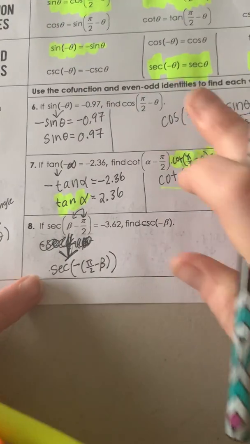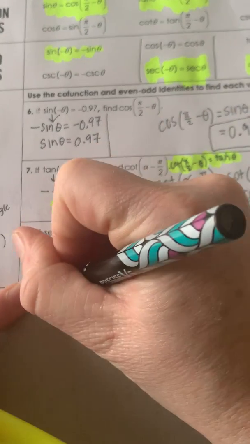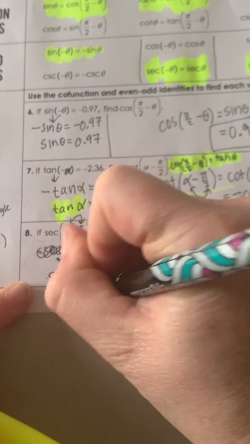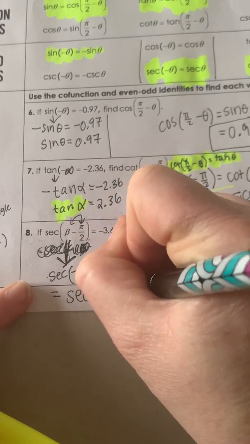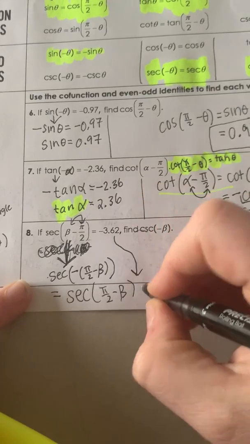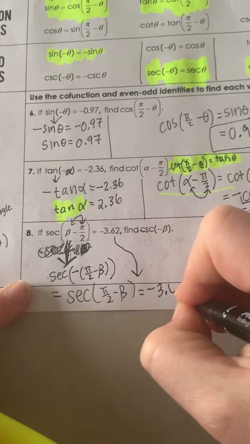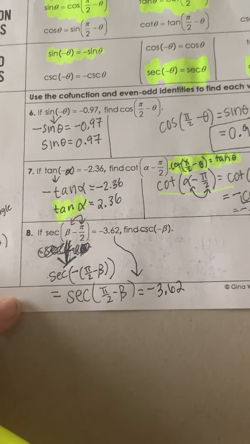Secant of negative theta is equivalent to secant of theta. So this is going to actually be the same thing as secant of pi over 2 minus beta, and that all equals negative 3.62.